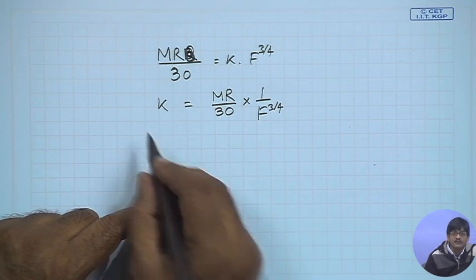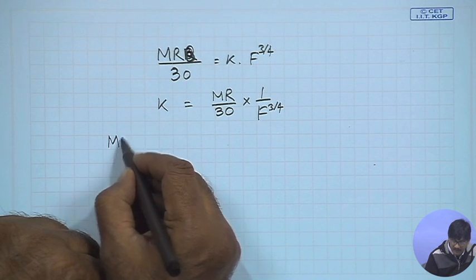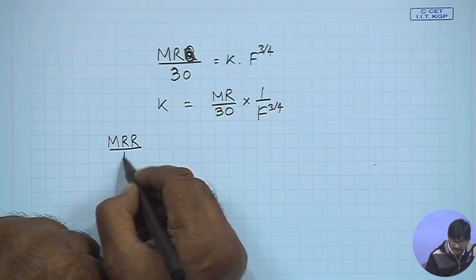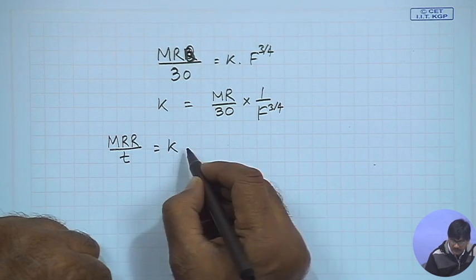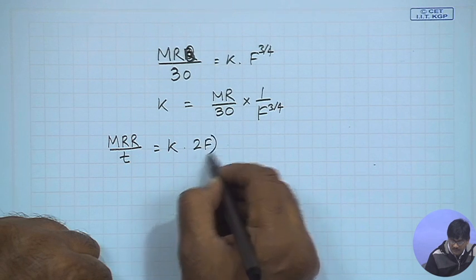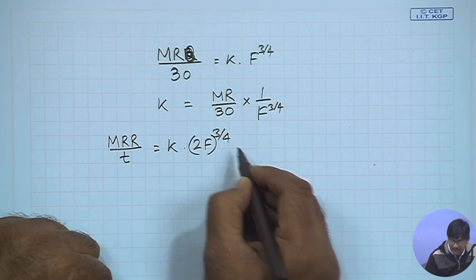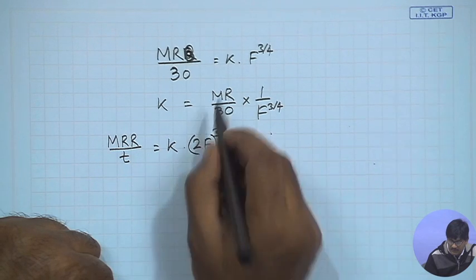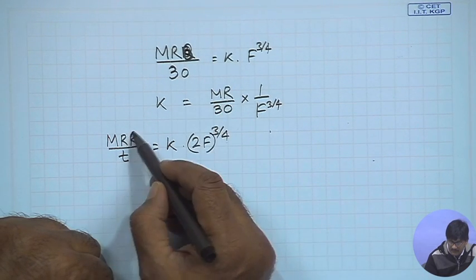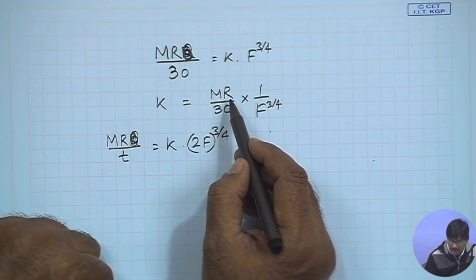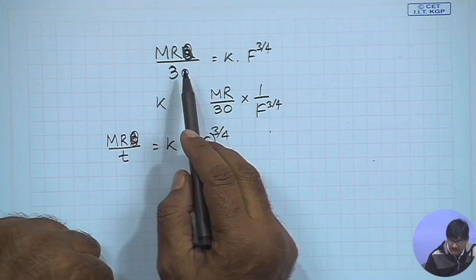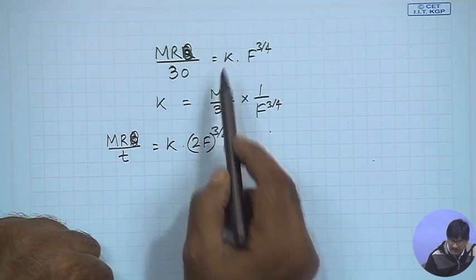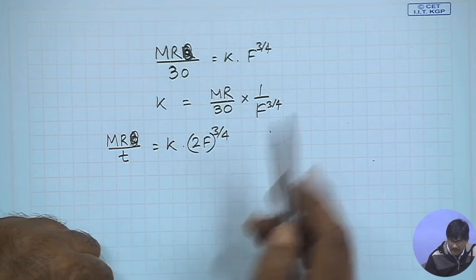K is found out. In the next relation, we have MR by T is equal to K into twice F to the power 3/4. If we divide this with this, let us see what we get.